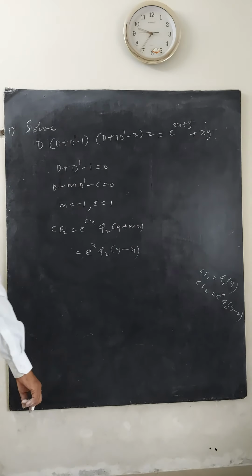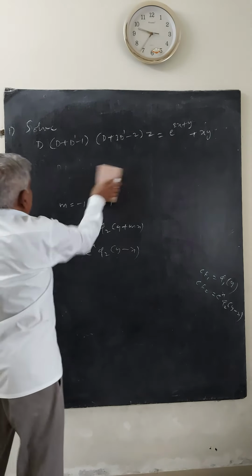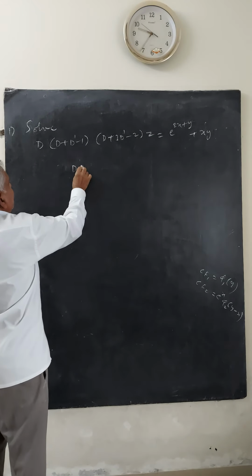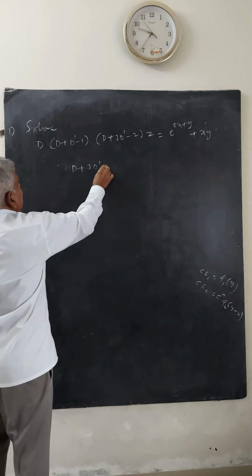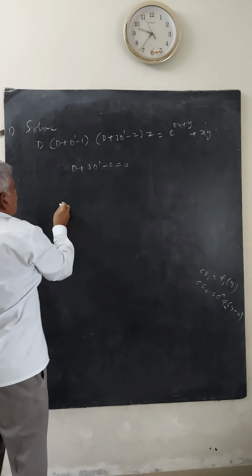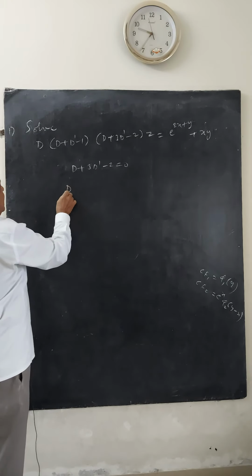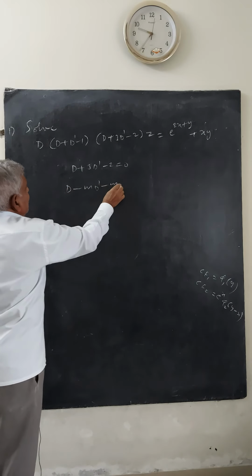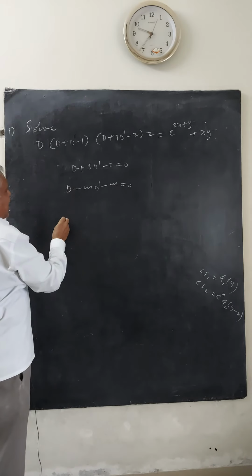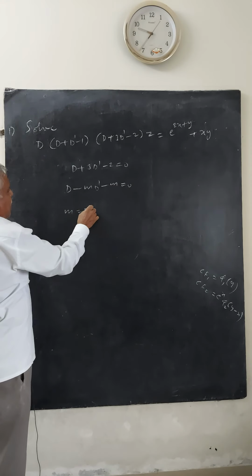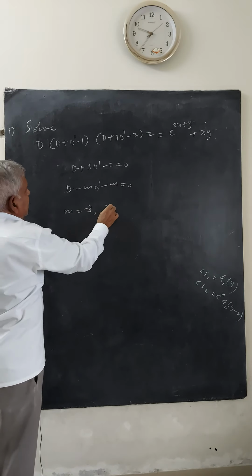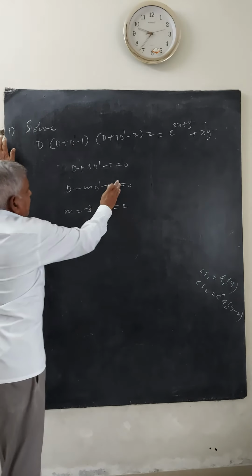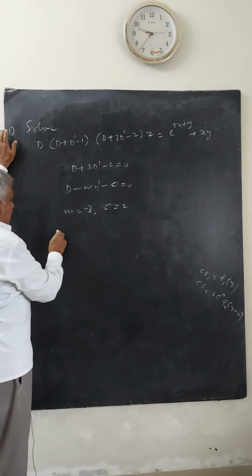And let us consider the third factor, D + 3D' - 2 = 0. Compare this with D - mD' - c = 0: m = -3, c = 2.